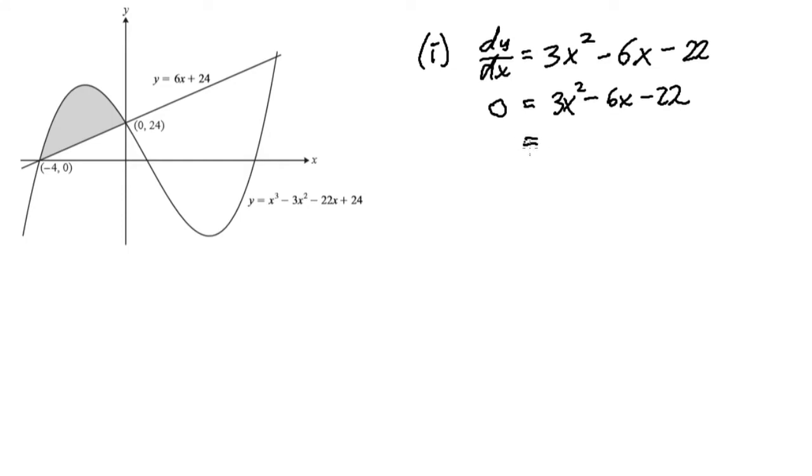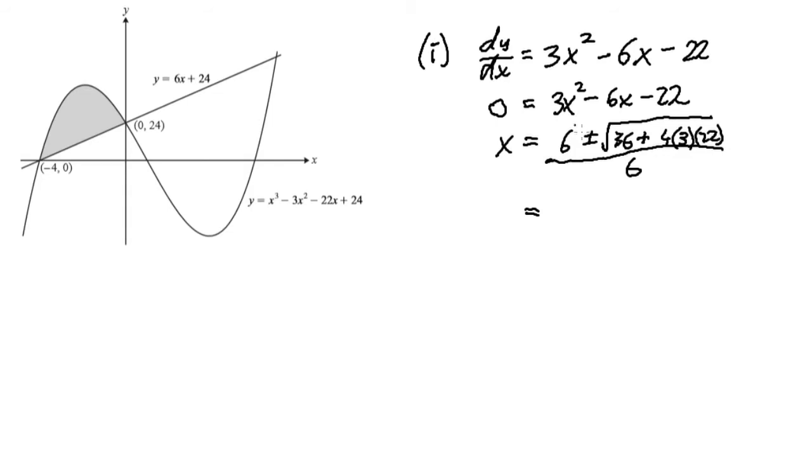So x using the quadratic formula: minus b is 6, plus or minus the square root of b squared, 36, minus 4ac, and c is negative, so you can add that, 4 times 3 times 22. And all of that divided by 2 lots of a, which is 2 threes, so 6.